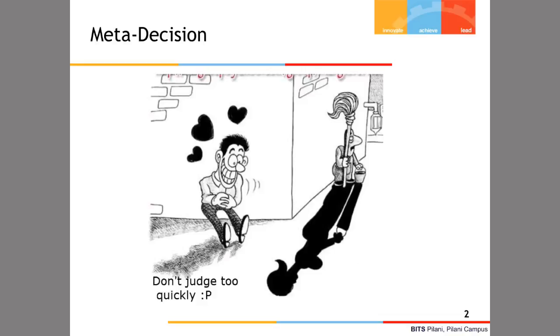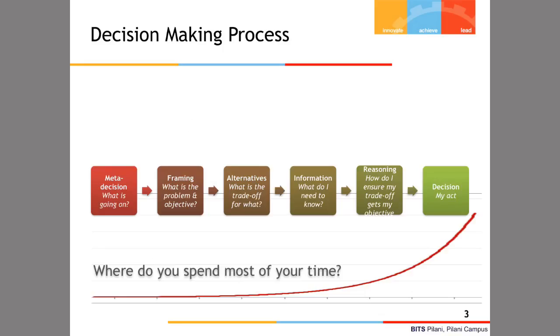The various steps that are involved in the decision making process are meta decision, framing, alternatives, information, reasoning, and then finally acting on the decision. Let's very briefly look at each one of them. Meta decision is getting a glimpse of what's going on, getting a perspective of what is going on.